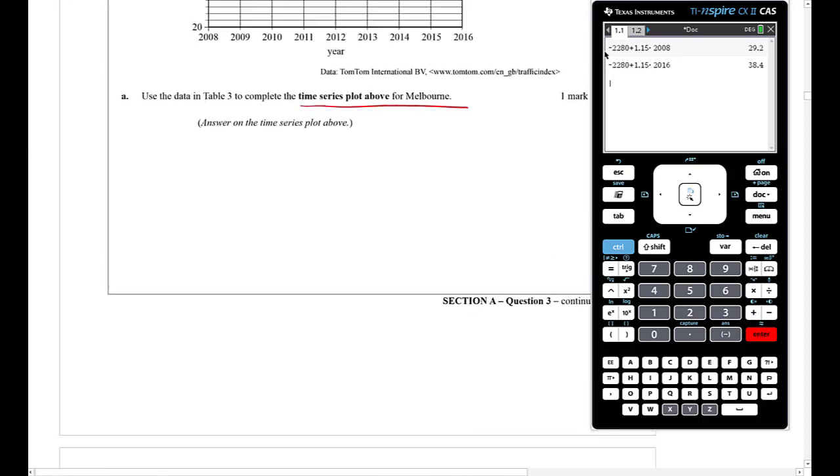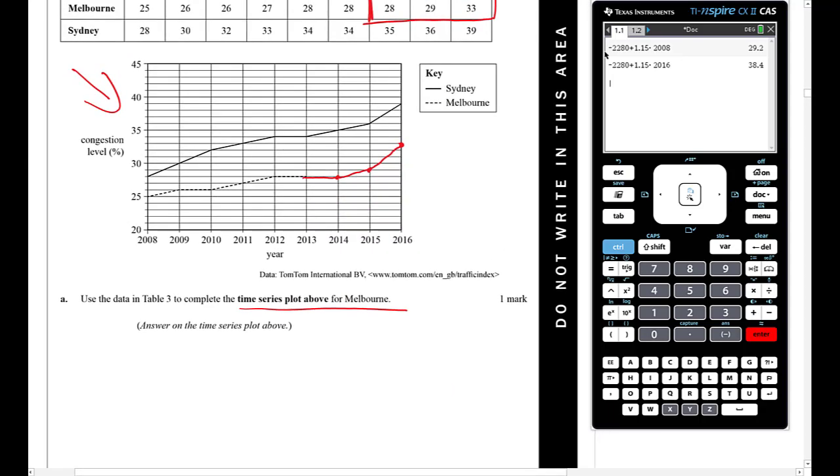Okay, so we need to go plot those now. So 2008, you're going to go 29.2. Remember this is for Sydney. So 29.2 is roughly there. It's a bit harder to do on the computer than you would on a piece of paper. And 2016 we got 38.4, so that's about there.